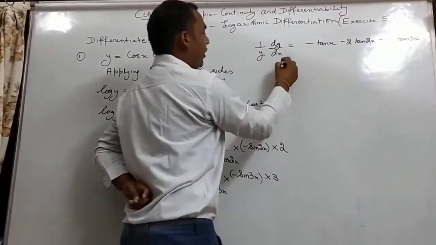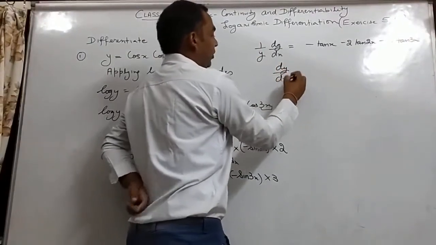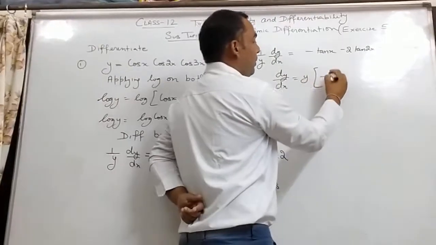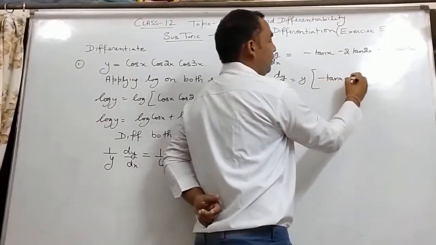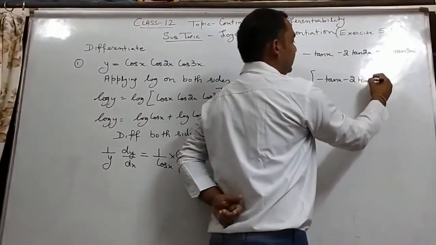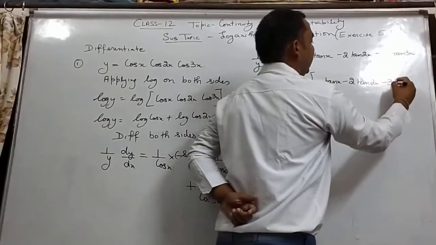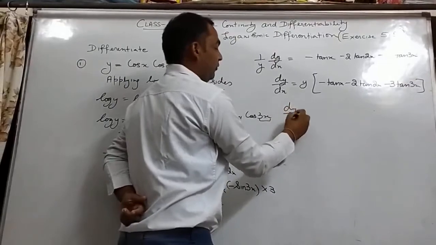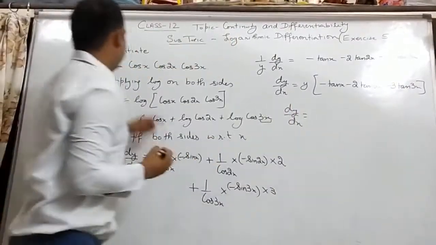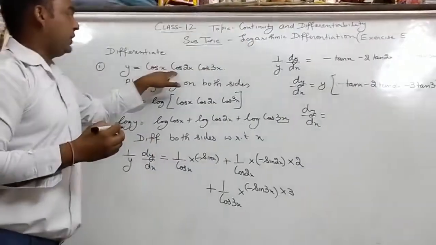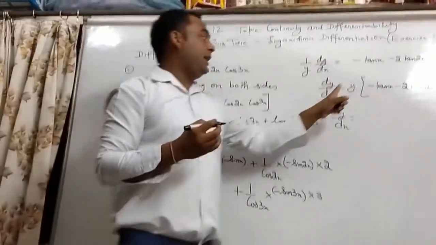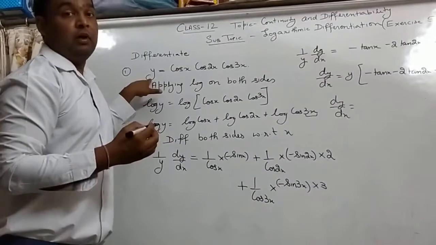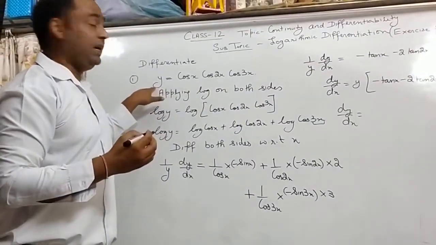Now dy upon dx, cross multiplying this y, we get y into minus tan x minus 2 tan 2x minus 3 tan 3x. Now substituting the value of y, that y is equal to cos x cos 2x into cos 3x, we cannot leave the answer in y because we have supposed it.